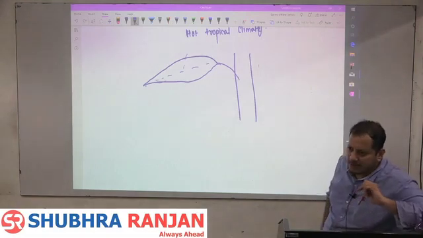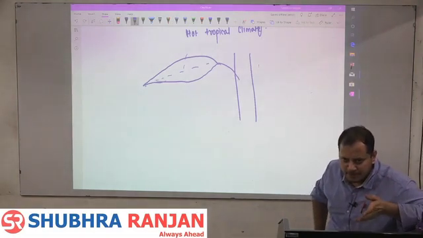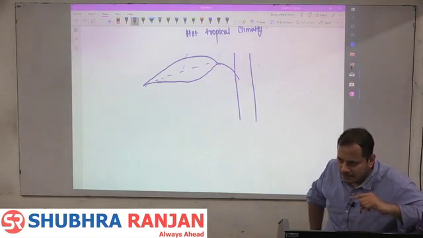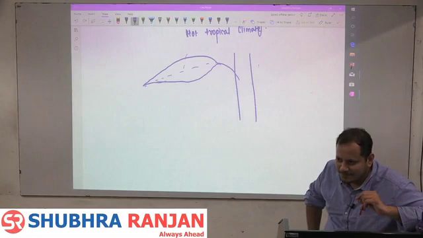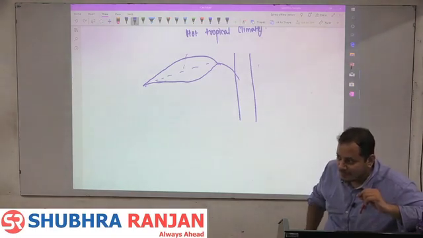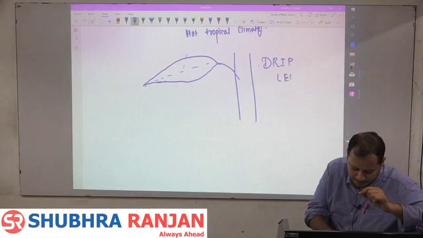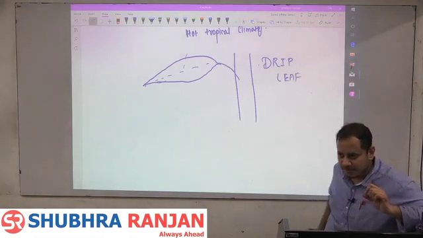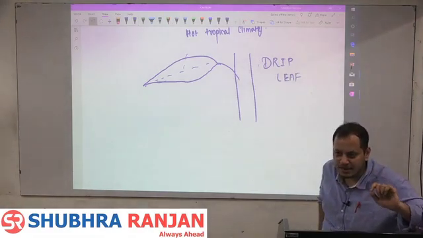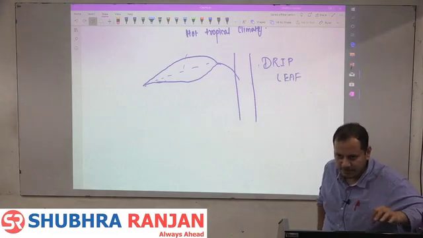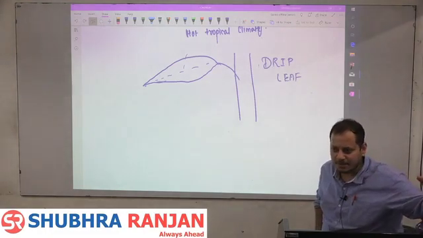Second example. Can I say this is a typical example of the leaf of any tree in India? Why is the shape of the leaf like this? It is known as a drip-tip leaf. Such leaf shapes indicate a rainy climate. There will be heavy rainfall so that water can drip away.